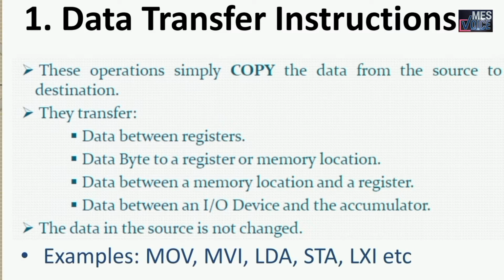The data transfer can be between registers or between register or memory location or between I/O device and accumulator, or an 8-bit data can be directly transferred to a register or memory location. The data in the source is not modified. MOV, MVI, LDA, STA, LXI, etc. are some of the data transfer instructions available with 8085 microprocessor.